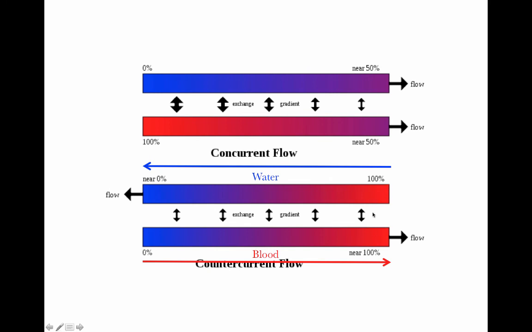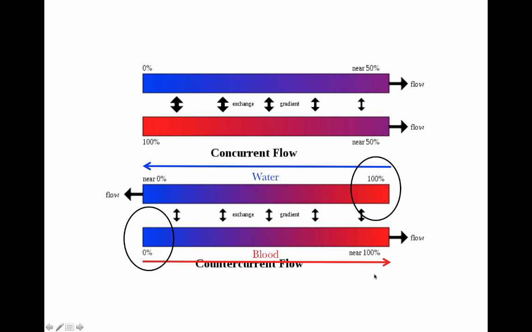So there's still going to be oxygen flowing from the water into the blood all the way along this entire contact distance. There's going to be a flow of oxygen into the blood. And so instead of getting just about a 50% saturation in the blood, as in the case with concurrent flow, with countercurrent flow we get near maximal saturation of the blood with oxygen.